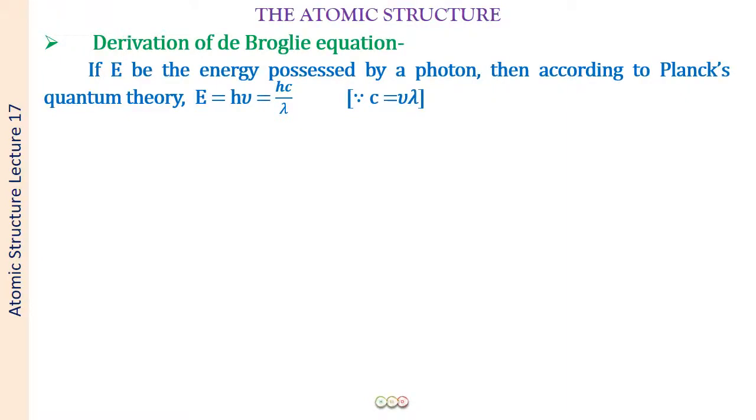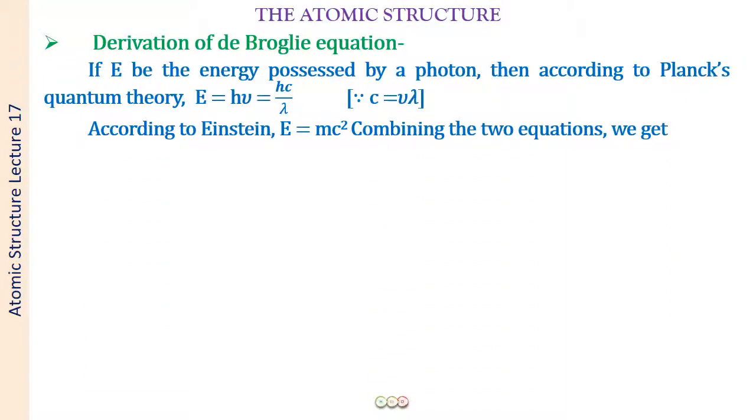Another thing that he knew was from Einstein's theory of relativity. What is that? Einstein said E is equal to mc square. That means that energy and mass are interconvertible, and this equation is applicable for all bodies, be it radiations, be it material objects.